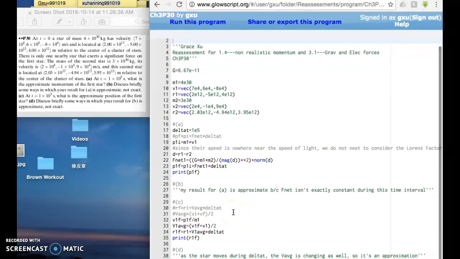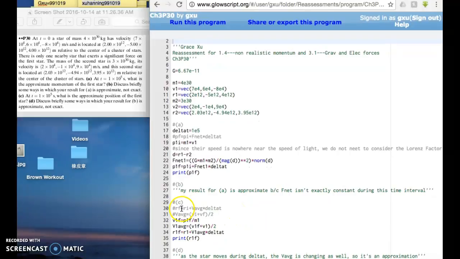For part C, we are calculating the future position. And here's the formula and the formula for V average.